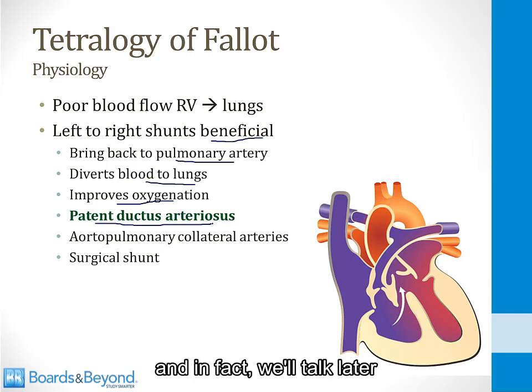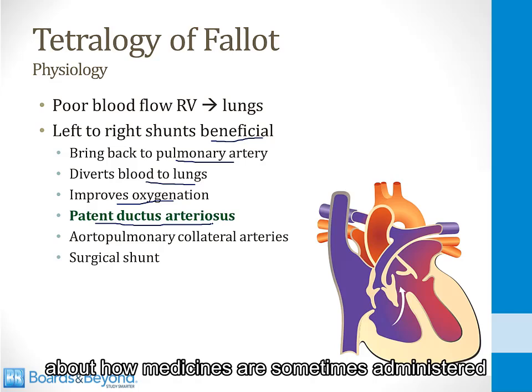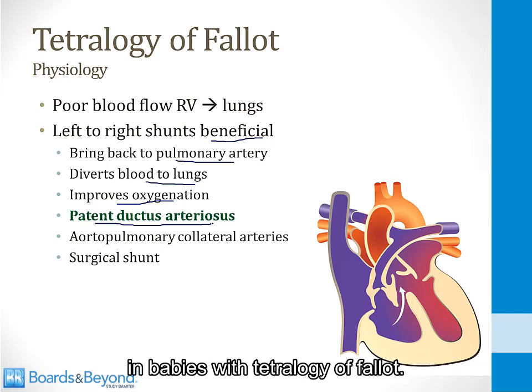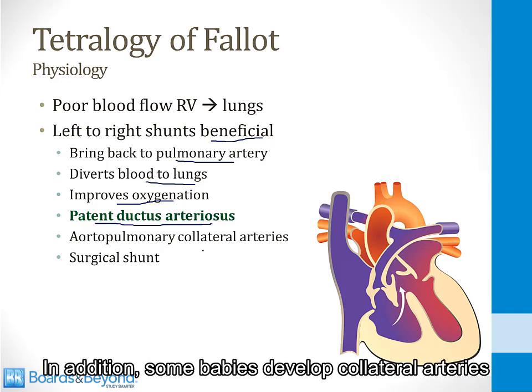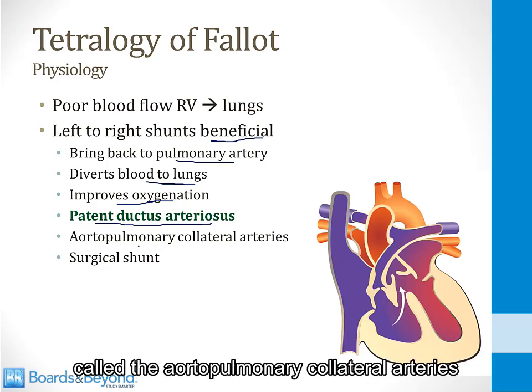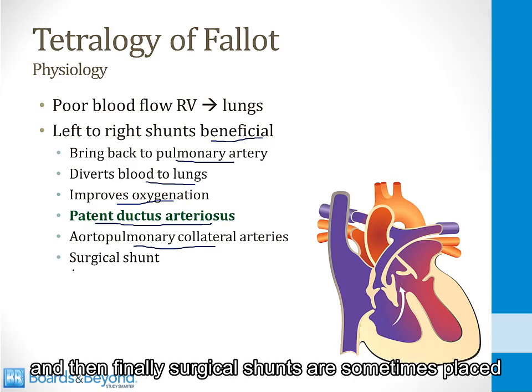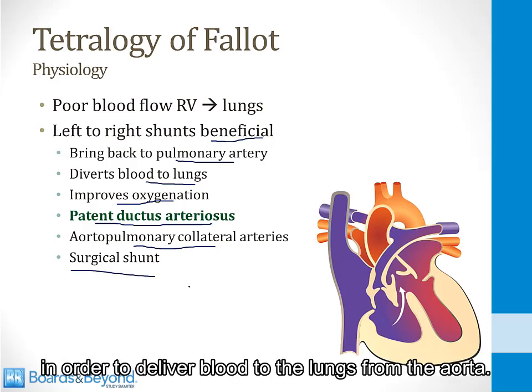And in fact, we'll talk later about how medicines are sometimes administered to maintain patency of the ductus arteriosus in babies with tetralogy of Fallot. In addition, some babies develop collateral arteries called aorticopulmonary collateral arteries, and these are helpful. And then finally, surgical shunts are sometimes placed in order to deliver blood to the lungs from the aorta.